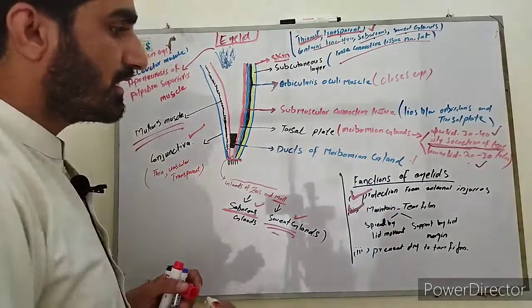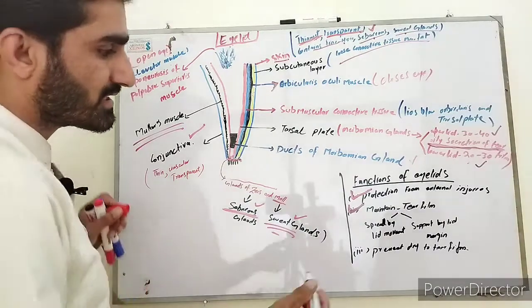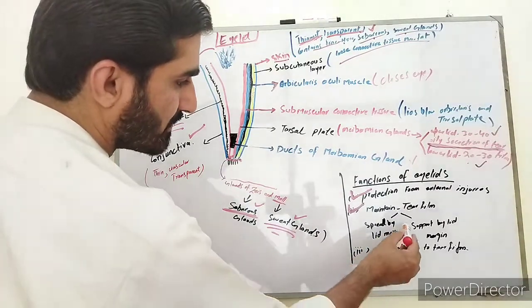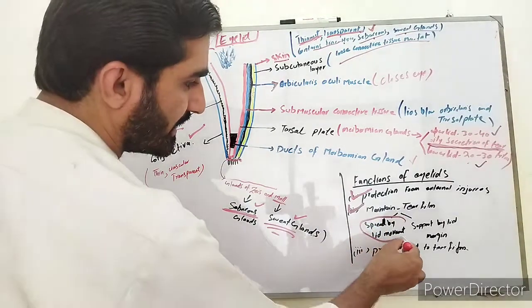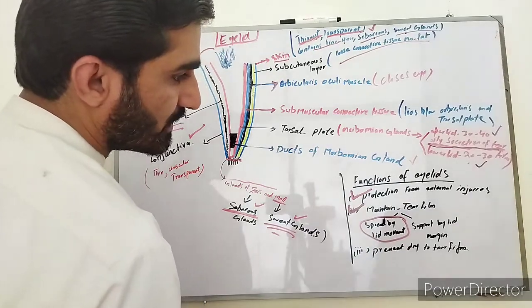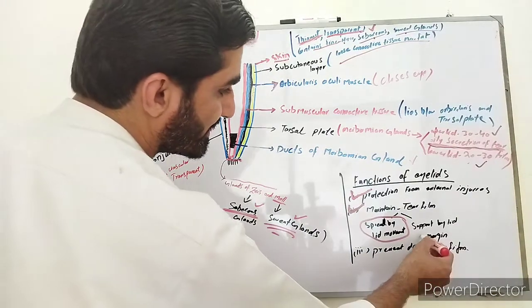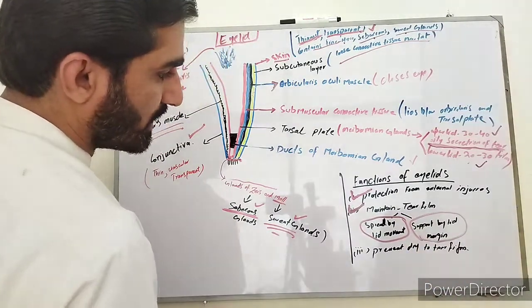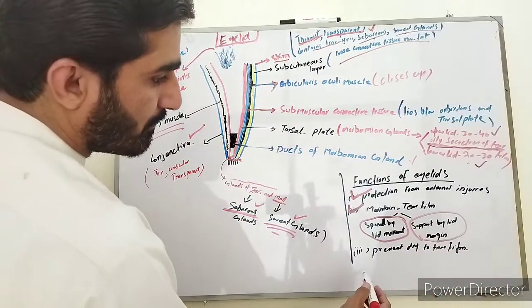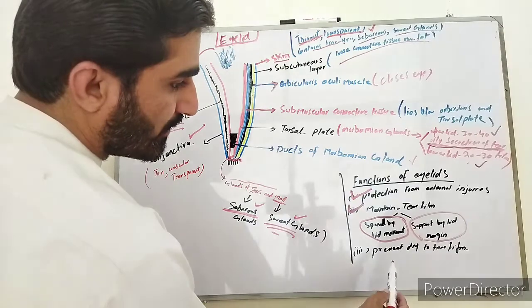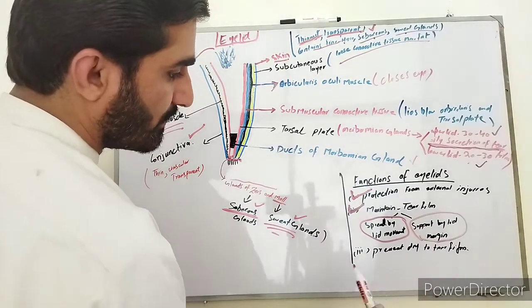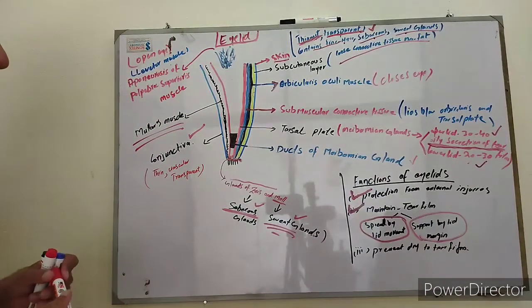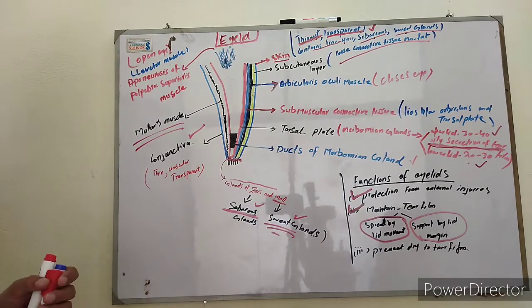How does it maintain it? First, by lid movement, and second, support by the lid margin. The third one is that it prevents the eyes from drying, because of the tear film. This is also an important function.